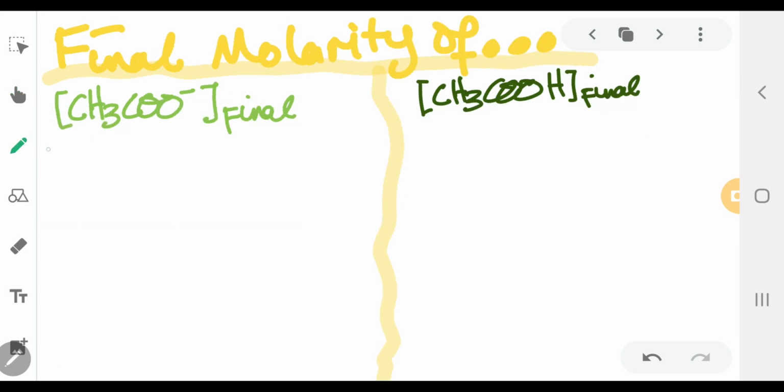So we take the final mole that we have got from the table just now, and we're going to work out the final concentration.